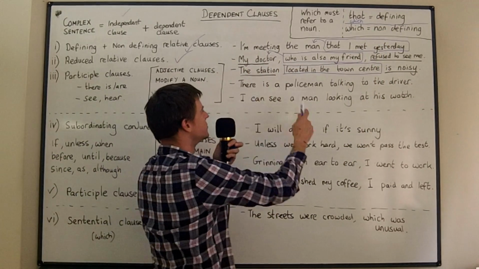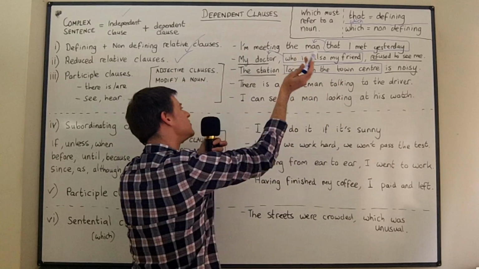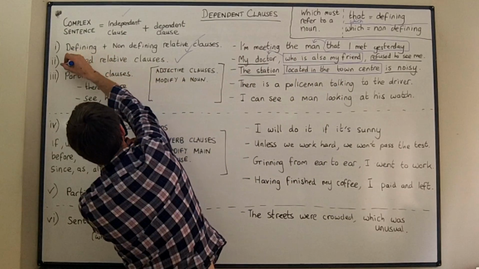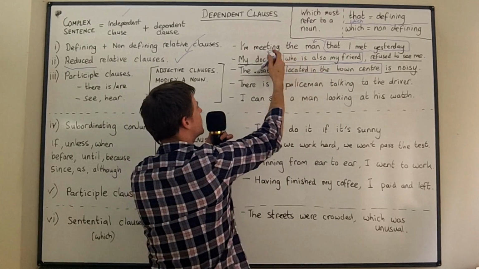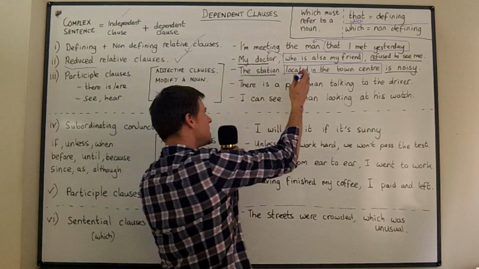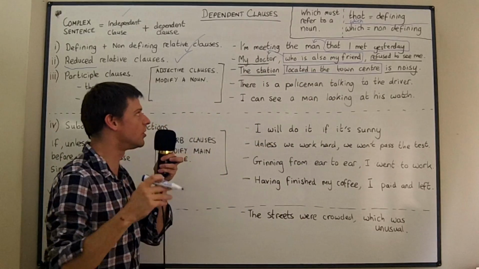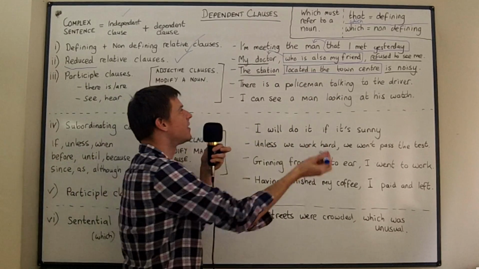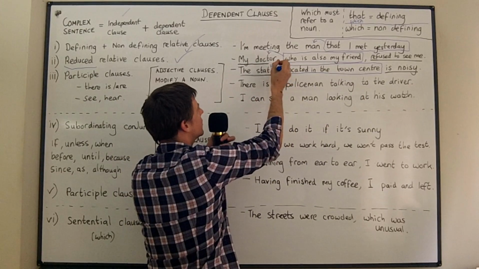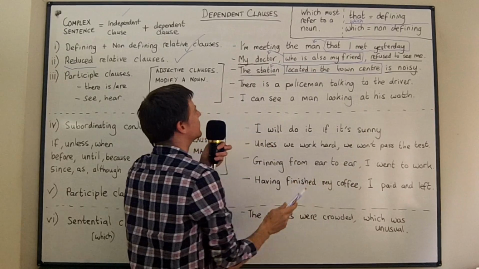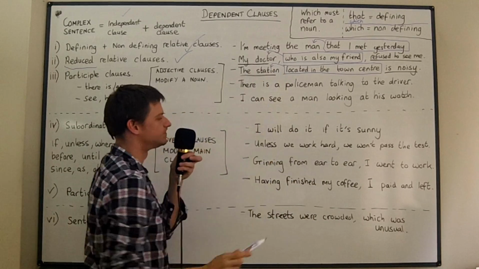But here, the station, we've got the which removed. That's why it's called a reduced relative clause. And located in the town centre, of course, it refers to the station. We don't need commas here because this is not non-defining. It's defining. This part defines which station. And so it's a defining relative clause. And so we don't use commas.